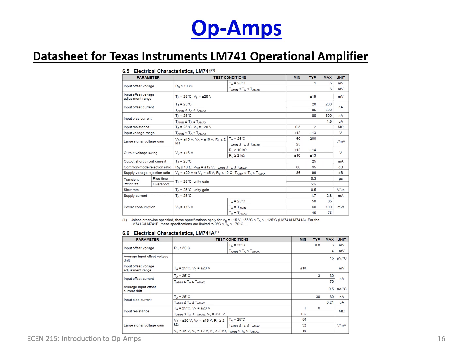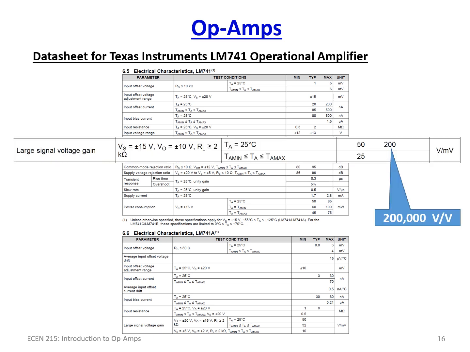But the really interesting thing is the open loop gain. Here it's called the large signal voltage gain, and here it's 200 volts per millivolt, which is in reality 200,000 volts per volt. So this is equal to AOL. It's not infinity, but it's pretty high.